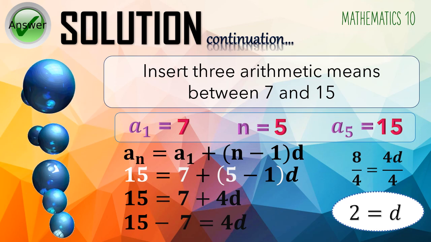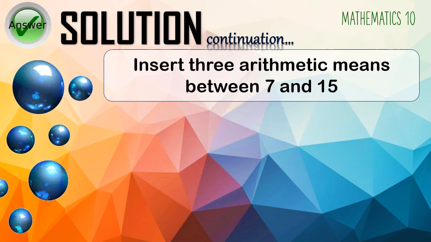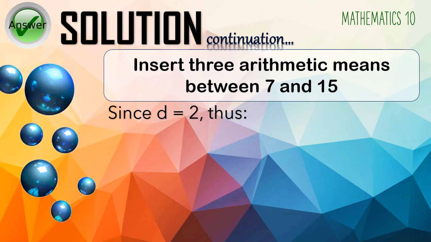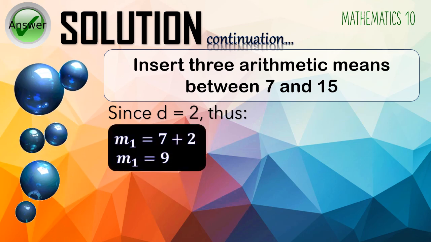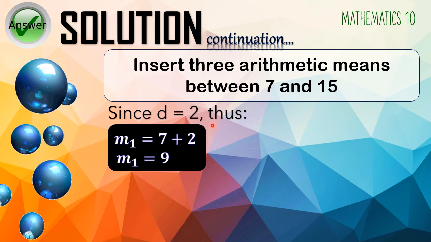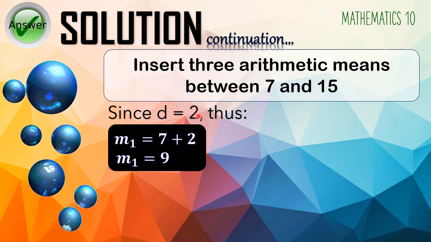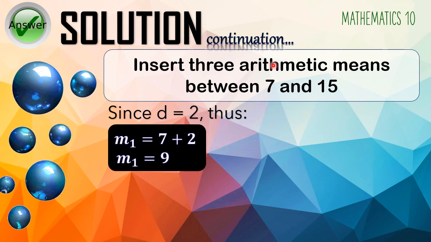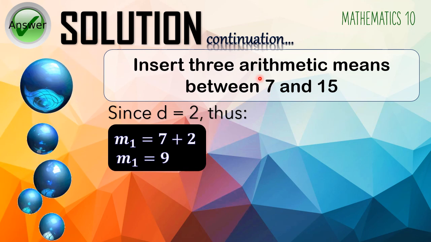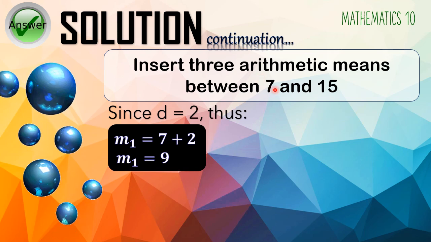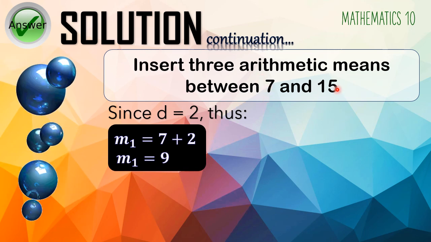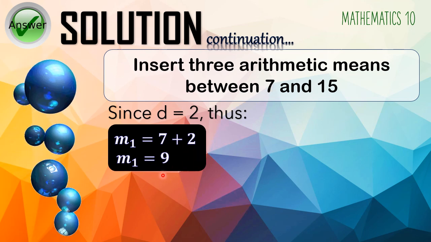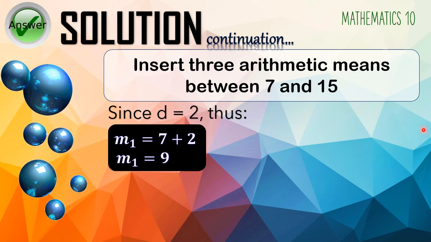After this, since we got d equal to 2, the next thing we need to do is simply add the common difference to the preceding term. Remember the pair of terms I gave you, 7 and 15. 7 is our first term, so 7 plus 2 is 9, our first arithmetic mean.